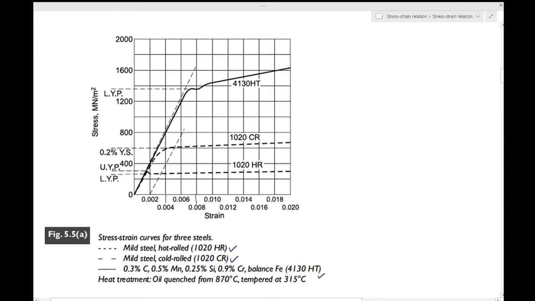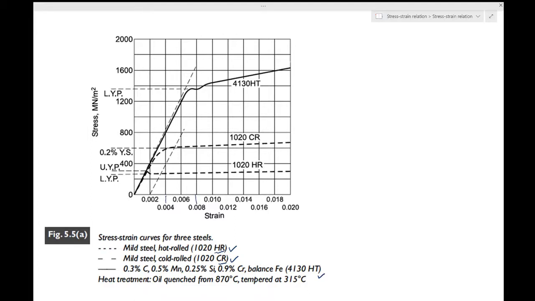So 1020HR, 1020CR, and this is the alloy 4130HT, heat treated, oil quenched from 870 degrees, tempered at 315 degrees Celsius. So you have three separate materials, and in your material science course you may learn about hot rolling and cold rolling and what those terms are, and what quenching and tempering are.